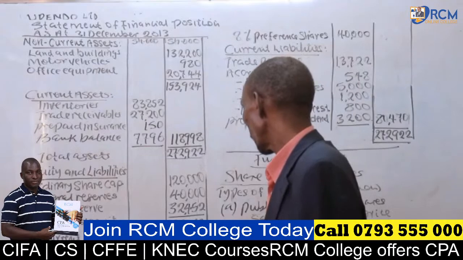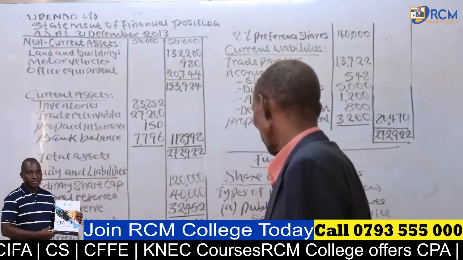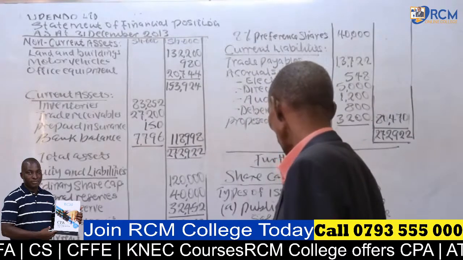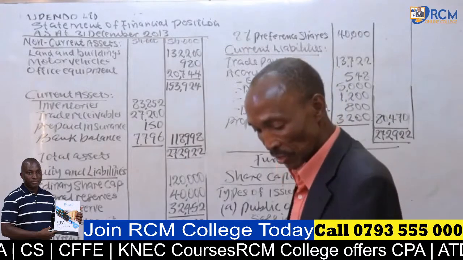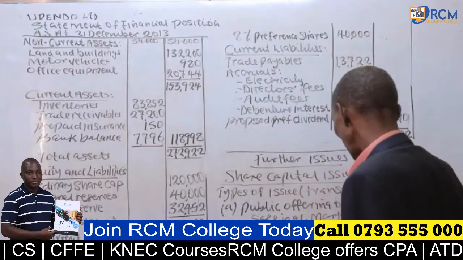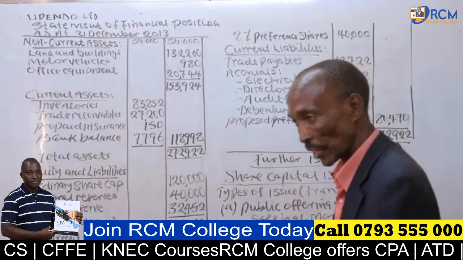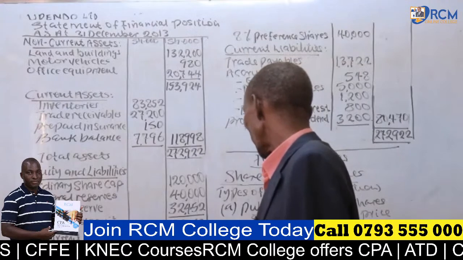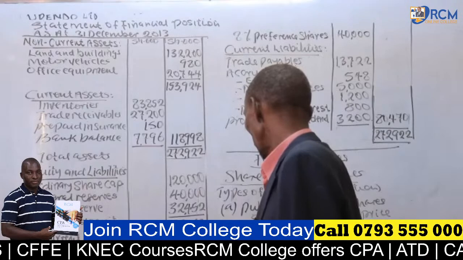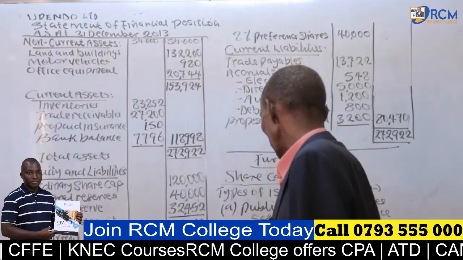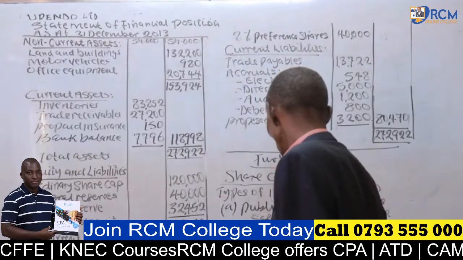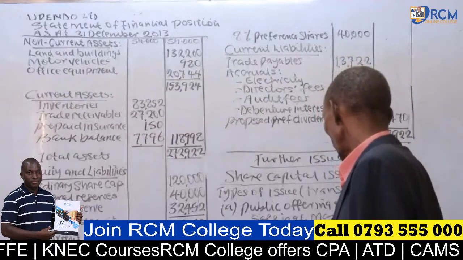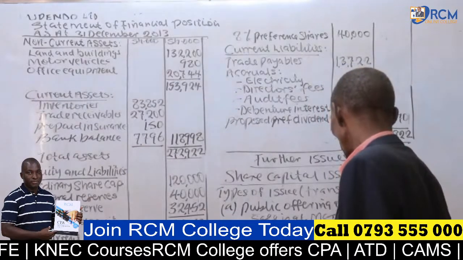We have what we call a rights issue. What happens in a rights issue? The company is selling shares, yes, but it's being very selective, discriminative. It sells the shares selectively only to existing shareholders.